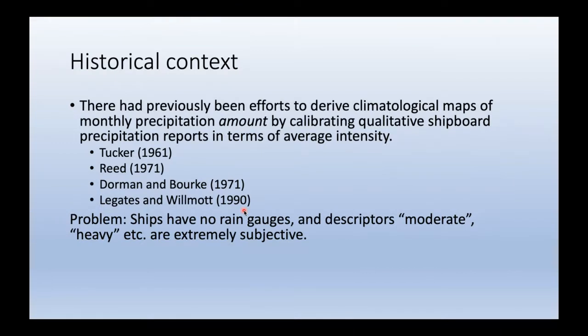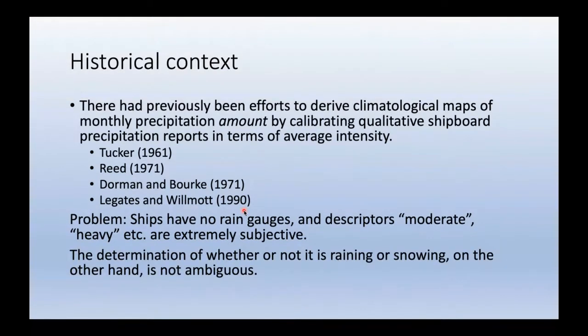So heavy to an Alaskan might be very different than heavy for somebody in a warmer, more tropical or convective climate. So it's really difficult to be confident of calibrating these descriptive weather codes in terms of an amount of rainfall. And yet, again, that was all we had. There was no other way to get it at the time, and so that's what people try to do.